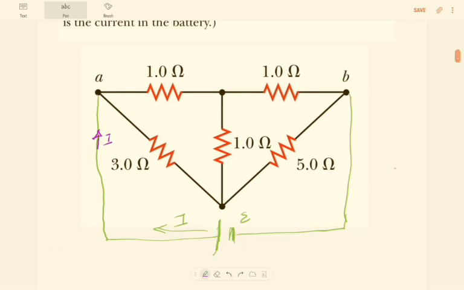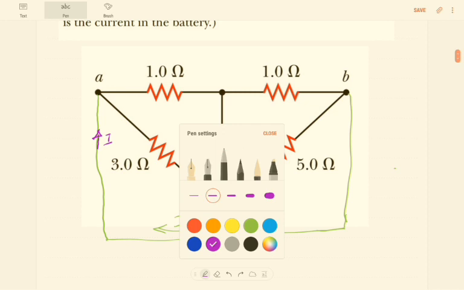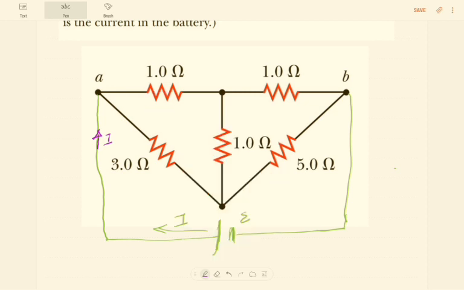Now you have a current through resistor 1. This is I1, and of course the current here, let me say I2, and finally this is at junction point 1.